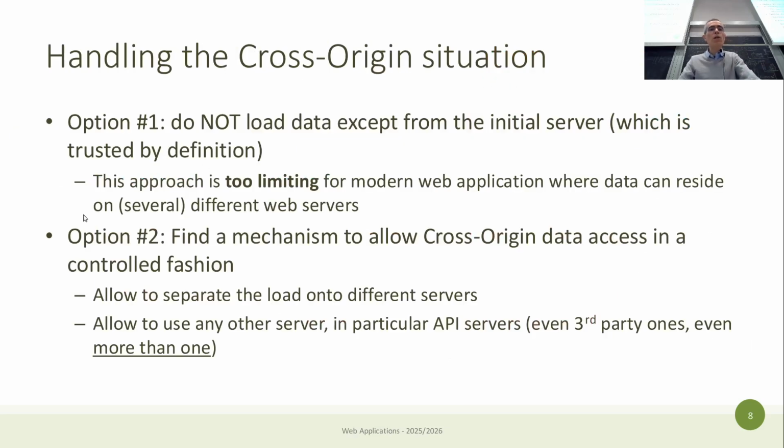Okay? So in short, we use option number 2, find a mechanism to allow cross-origin data access in a controlled fashion. Not everybody can access this data, but some origins, in terms of the website from which you started loading the application, can access it. And this has a lot of advantages, and that's why it's so much used today, because it allows separating the load onto different servers.